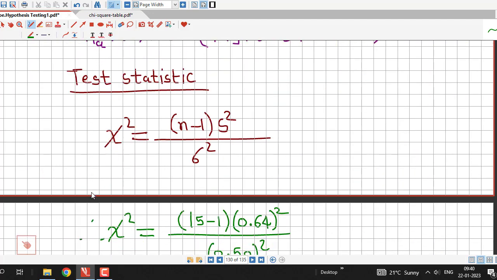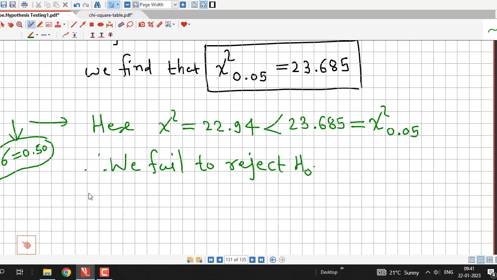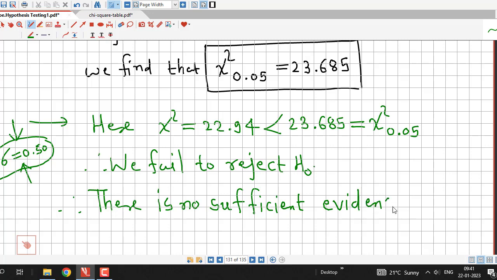So here we fail to reject the null hypothesis, that is sigma is 0.50, that we cannot reject, and therefore we can say that there is no sufficient evidence to conclude that the lapping process is unsatisfactory or unacceptable.